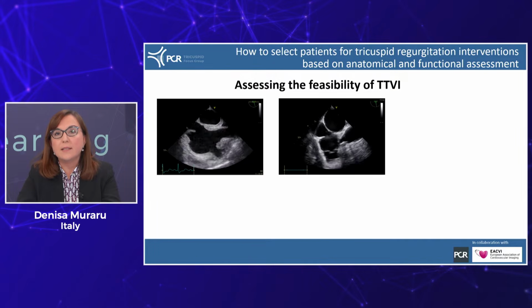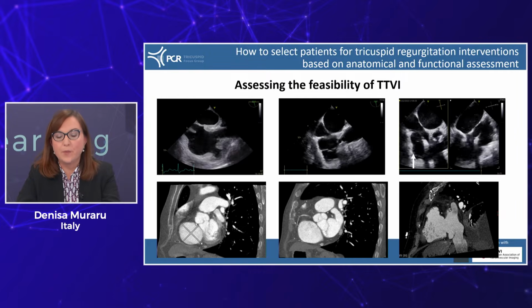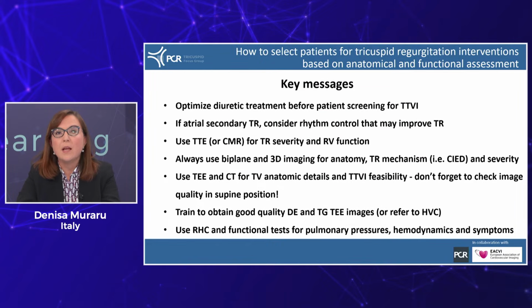Finally, assessing the feasibility for intervention includes the biplane, the bicaval view in order to exclude the presence of potential complications like thrombi that may complicate the procedure, and also a very evident Eustachian valve. And for some other interventions, you need to make sure that you have adequate access and also adequate dimensions of the annulus. Finally, these are my last messages.